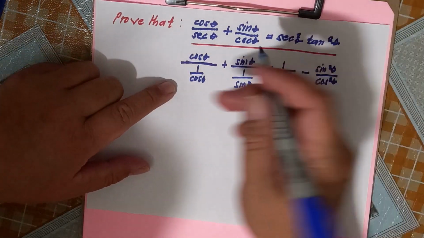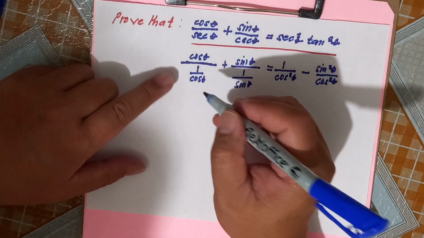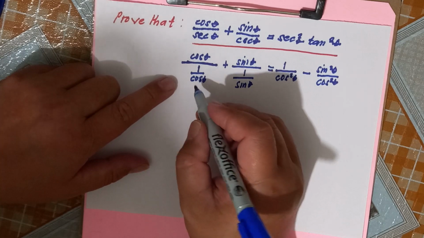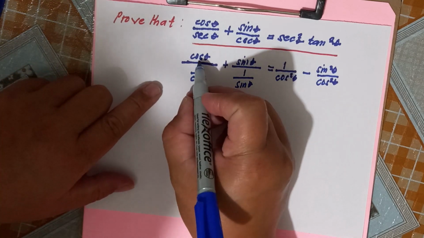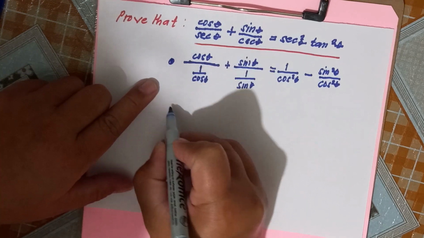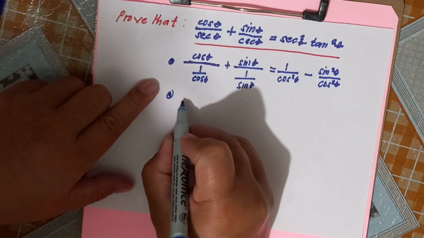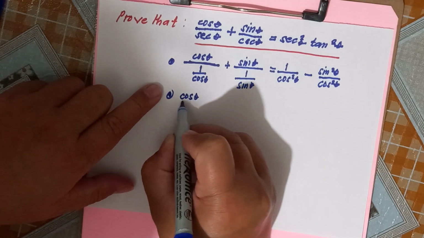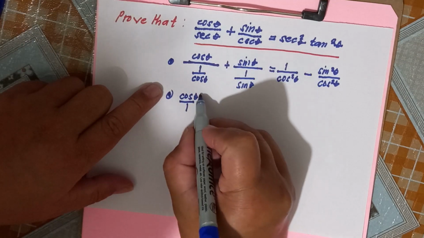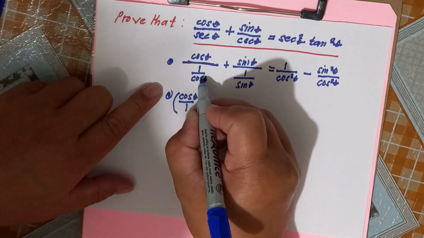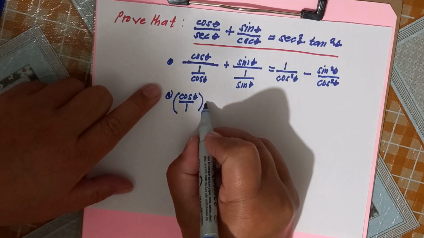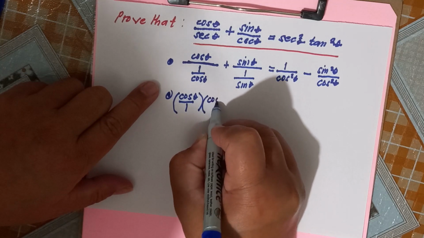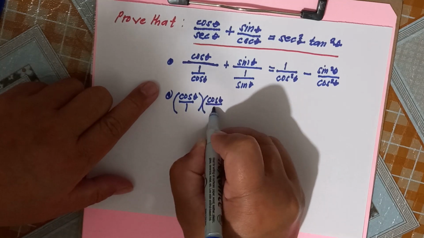Now, notice that in the left side, that is a division of a whole number and a fraction. And so how are we going to divide a whole number by a fraction? We get the reciprocal of the denominator and then proceed to multiplication. So this is the same as cosine theta over 1, multiplied by the reciprocal of 1 over cosine, which is the same as cosine theta over 1.